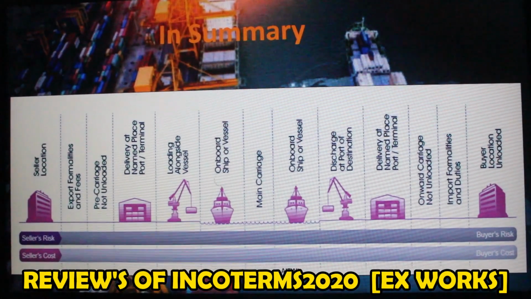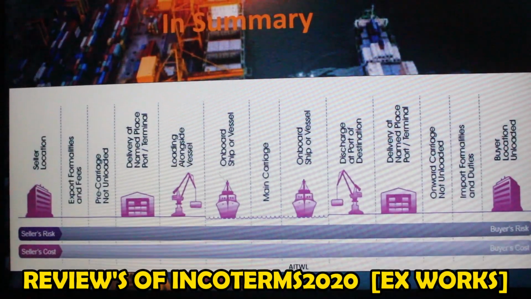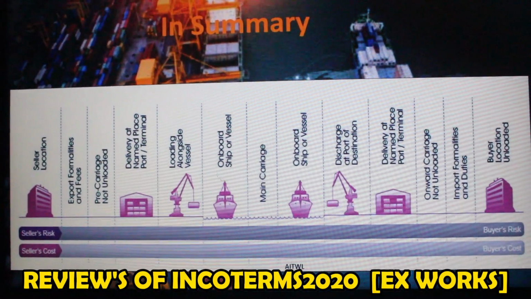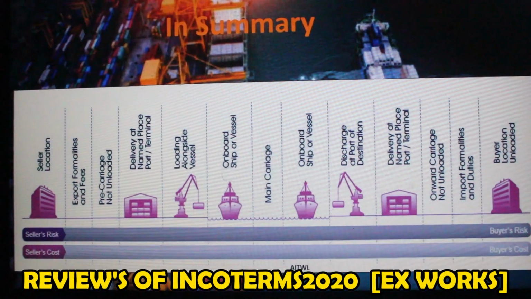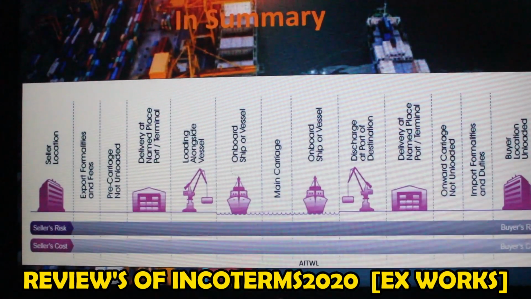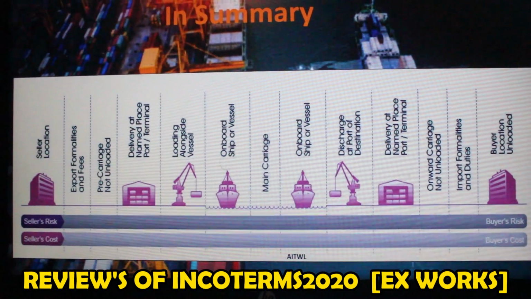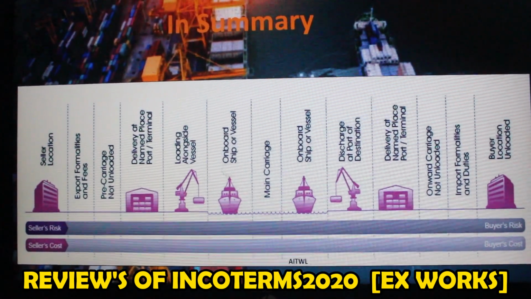From all I've been explaining about the seller's location, you can see the seller's building as represented in the diagram, and it explains systematically what the risk and cost of sellers and buyers are.